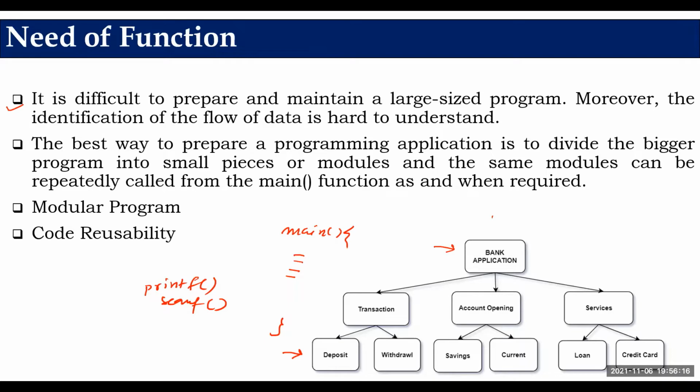Apart from that, we can also design functions so that we can design modular-oriented code. And whenever it is necessary, we can call that particular function from the main method or any other method. So now you can see there are three modules at large in this software: transaction module, account opening module, and services module. Under that, there are sub modules.